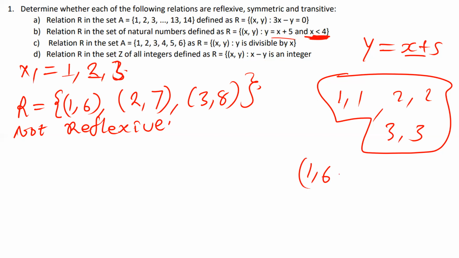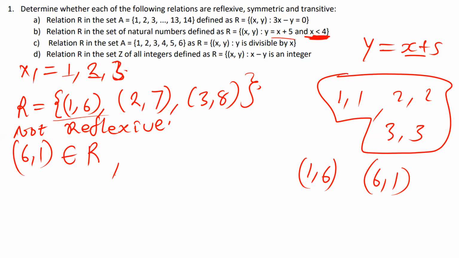So if there is (1, 6), do we have a (6, 1) in this relation? We don't. Since (6, 1) is not a member of the relation R, the relation is also not symmetric.